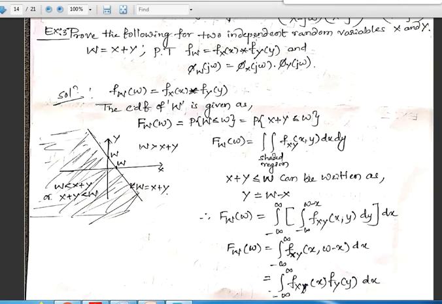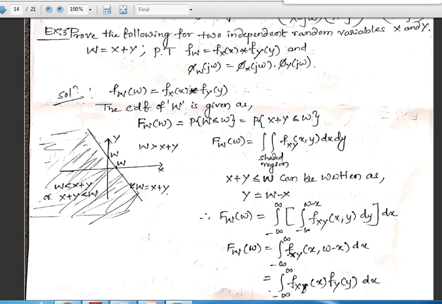Prove the following for two independent random variables x and y where w is equal to x plus y: prove that f_W is equal to f_X of x convolution f_Y of y. Meaning, if w is the sum of x and y, then how come the probability distribution function f_W is the convolution of x and y, and even the characteristic function is the multiplication of x and y? How does it happen? Let's see.